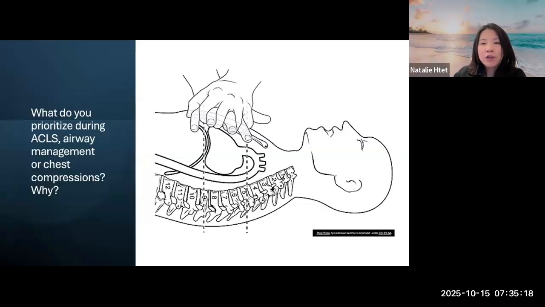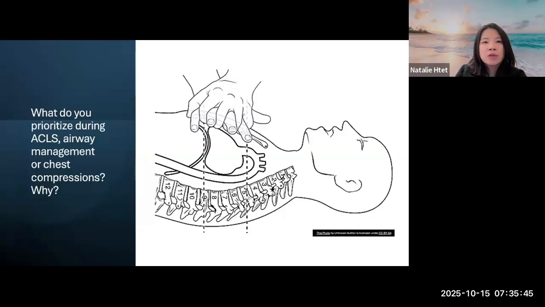Your coronary arteries are perfused during the chest recoil. So there is a higher chance of obtaining ROSC, return of spontaneous circulation, if you continue to perform high quality CPR.